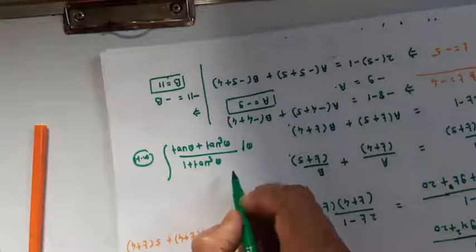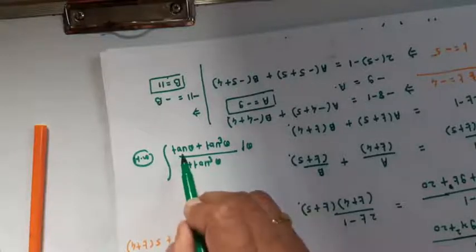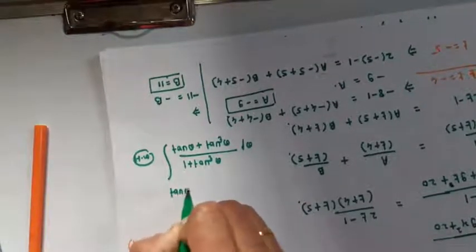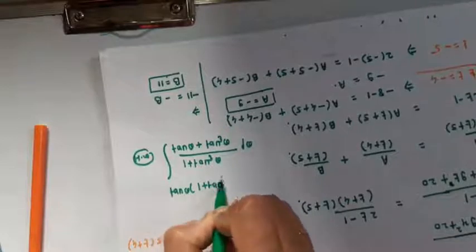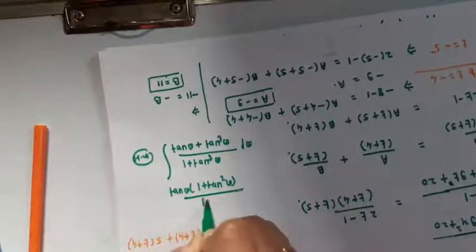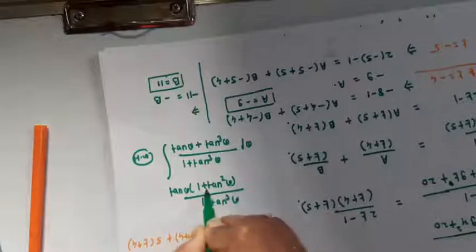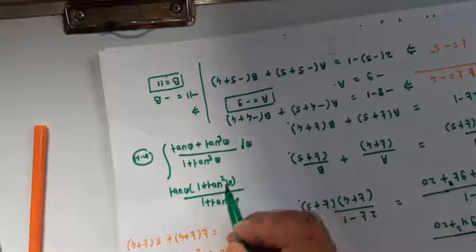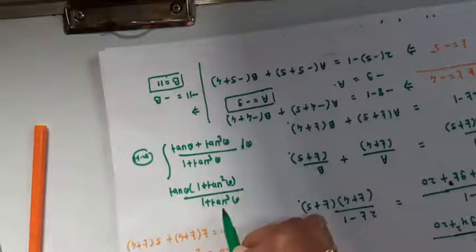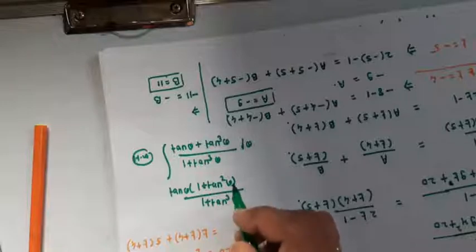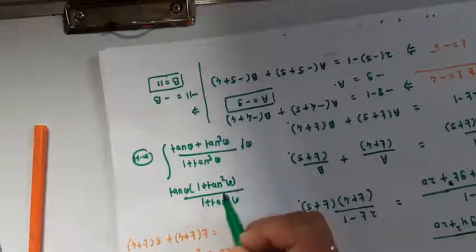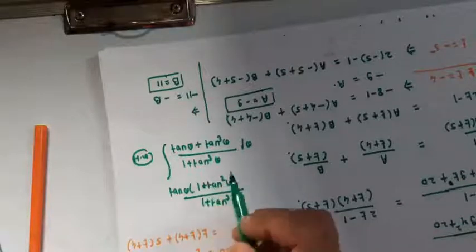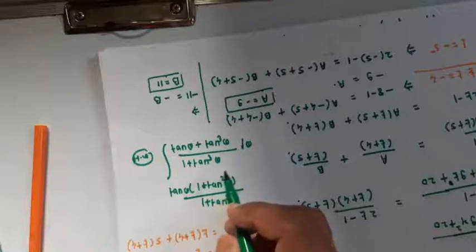So to solve this problem, the hint is to common out tan theta from the numerator, you will get tan theta into 1 plus tan square theta upon 1 plus tan cube theta. So this 1 plus tan square theta will be sec square theta, and this is tan theta into sec square theta upon 1 plus tan cube theta. So give the substitution for tan theta, and then you can solve the problem easily. In this way you have to solve this problem.